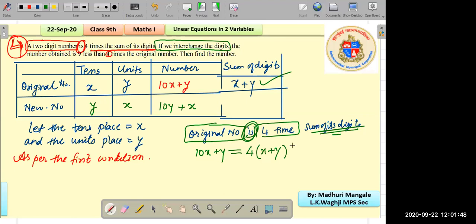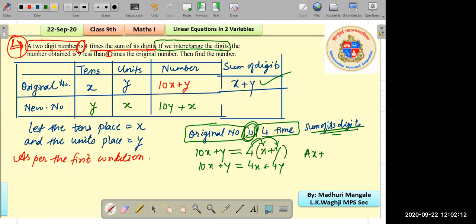Now we need to arrange it, or we need to convert it to standard form. How do we do that? So it will be 10x plus y equals to 4 into x, that is 4x, plus 4 into y, that is 4y, correct? And then we transpose, or we shift all the terms to one side. Why so?